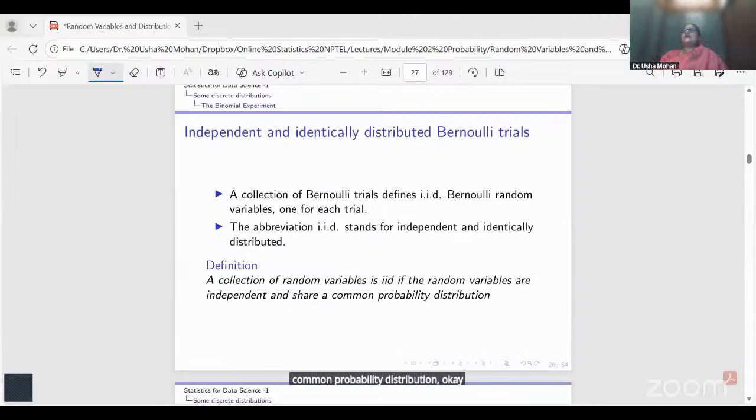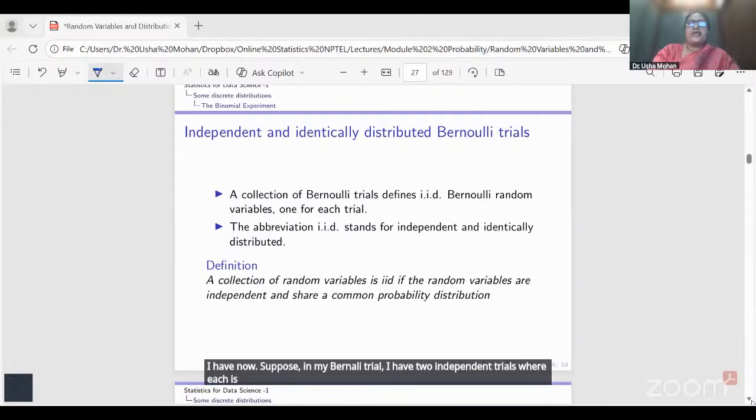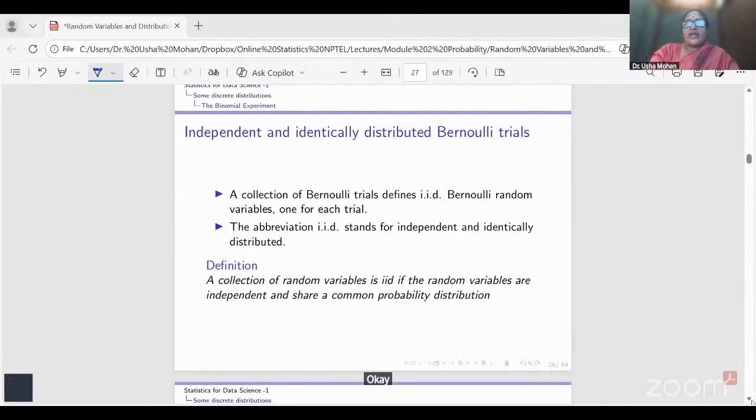So now let's go back to our Bernoulli trial. Suppose I have 2 independent trials where each is a success with probability P. So my N is 2. I have a success with probability P and a failure with probability 1 minus P.